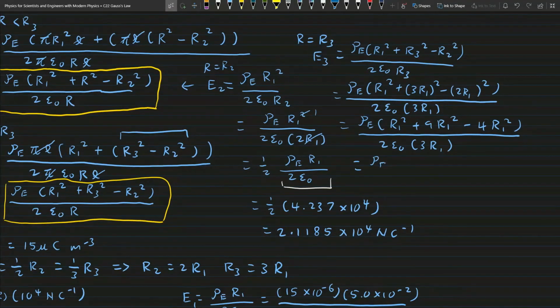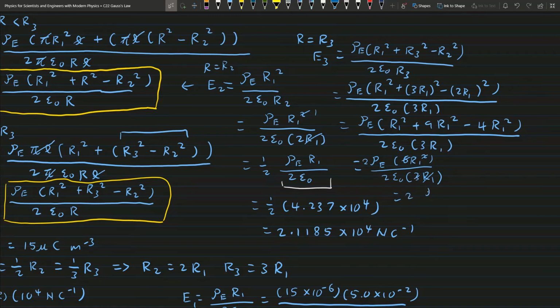So here is rho E. We get 6R1 square over 2 epsilon naught and 3R1. We can cancel out this R1 in the denominator. Now the remaining is here, we get 2.